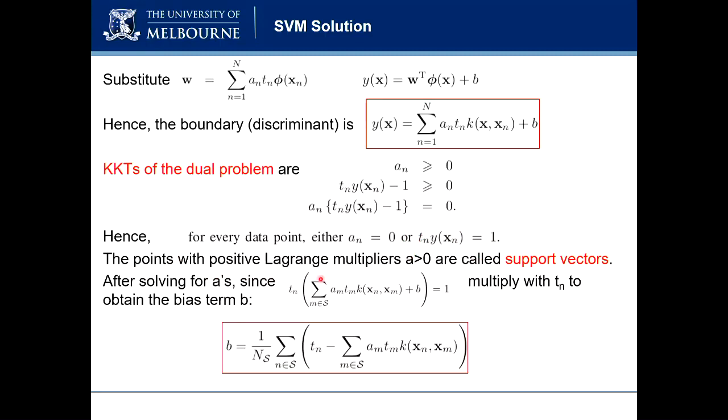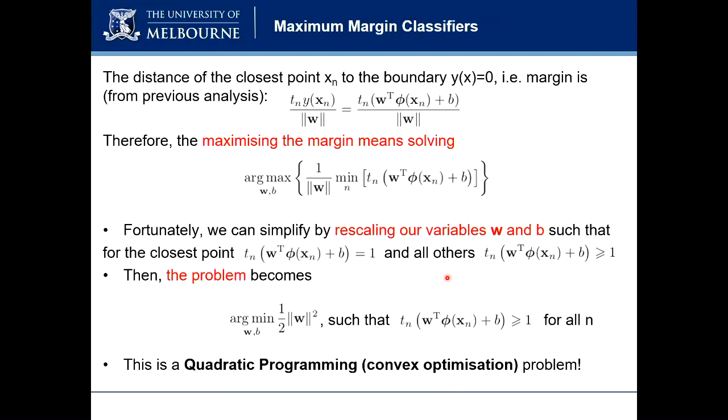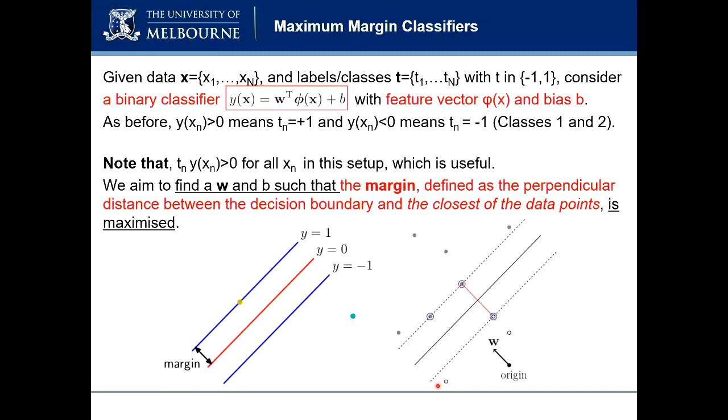The points with positive Lagrange multipliers are called the support vectors, because they essentially define our hyperplane. Not the faraway ones, the closest ones. It makes sense: I am defining the boundary using the closest points. So when you solve the optimization problem, those points, these circled ones, have positive Lagrange multipliers and they play the role.